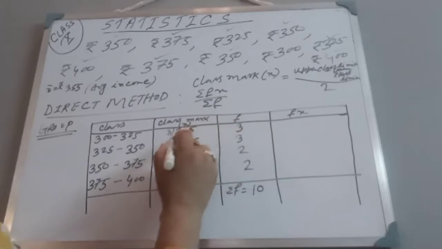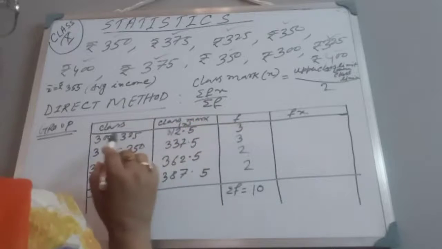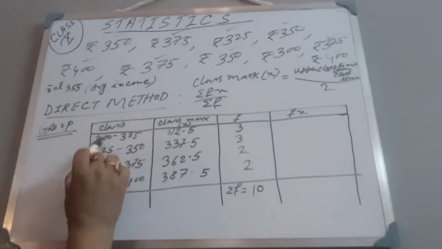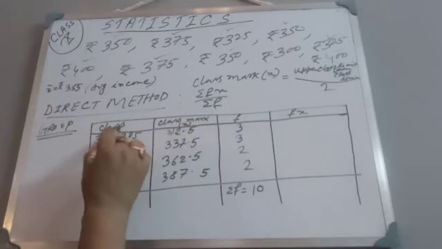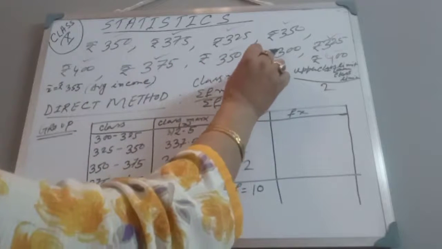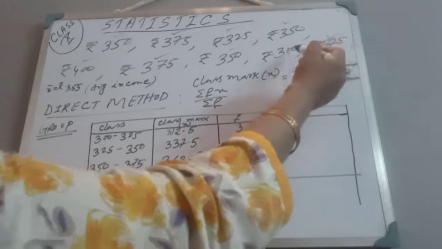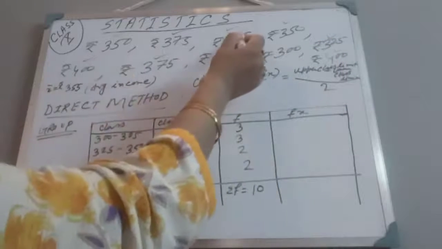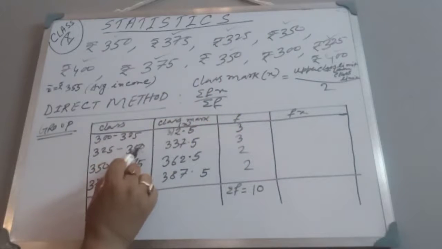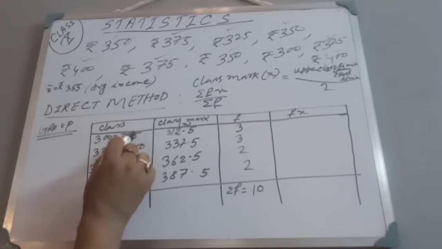Now we have to multiply: this is x, this is f, so 312.5 into 3. How is this 3 written? We did this in class 9, but still: for 300 to 325, there are 3 numbers, 300 here, and 325 twice. That is why it is 3. Next, for 325 to 350, we will not count 325 again, as it was already counted in the last class.